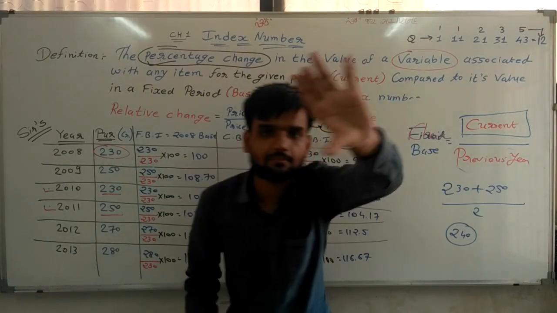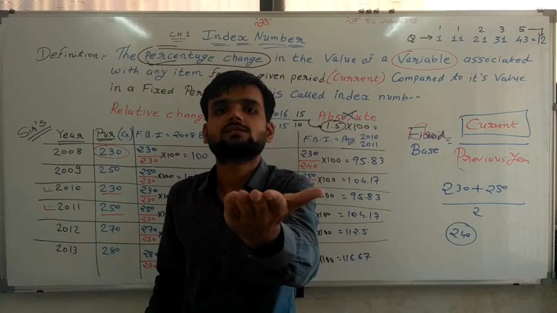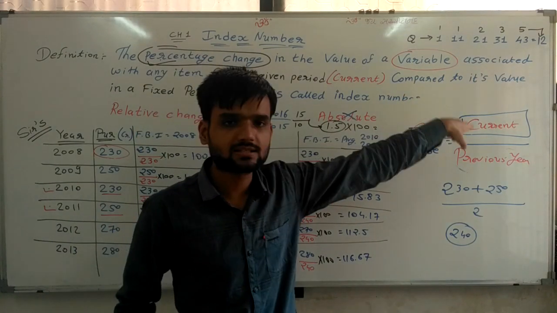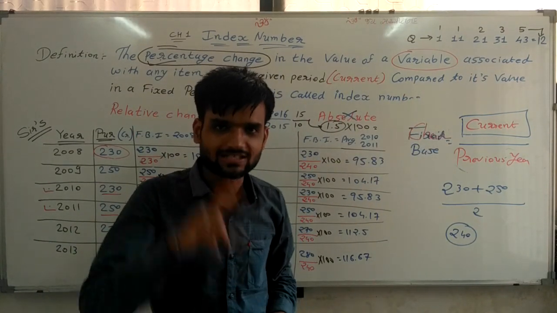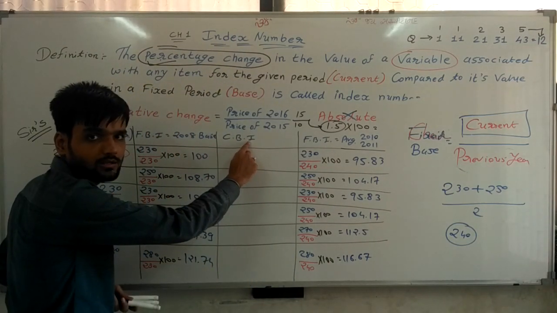Current year remains same, but previous year information taken as base, and that's why it is called chain base index number. So my second question is this: find chain base index number.